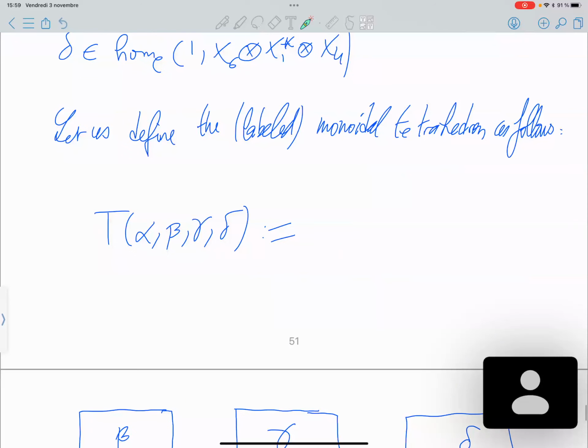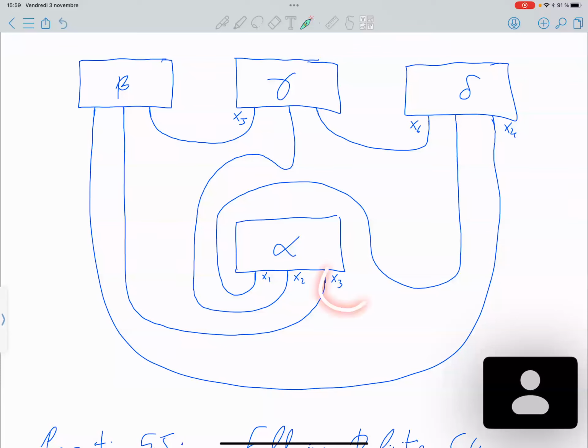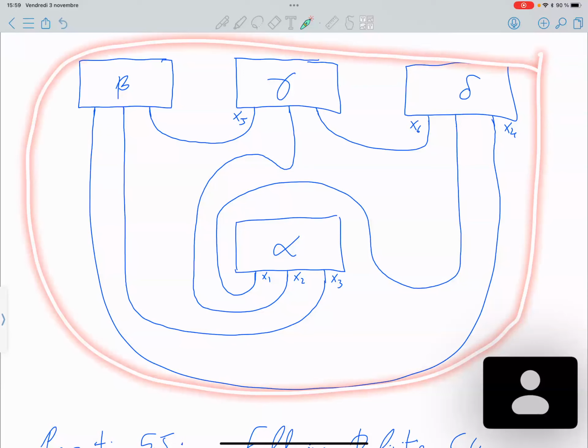If you assume the left or the right dual, maybe you can find another model doing something like that, I don't know. No, it's not clear. Anyway, the advantage of this model is that we don't need the right dual.